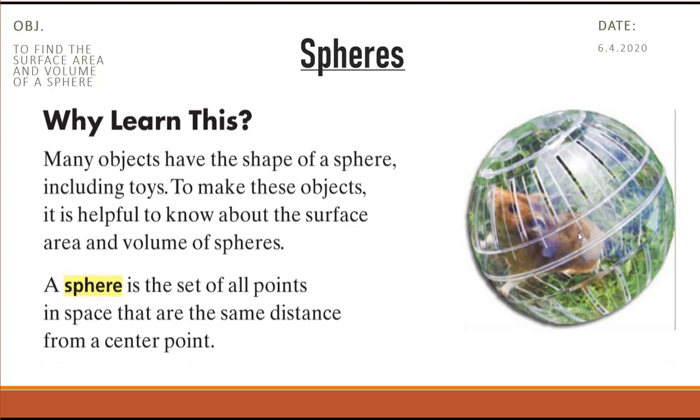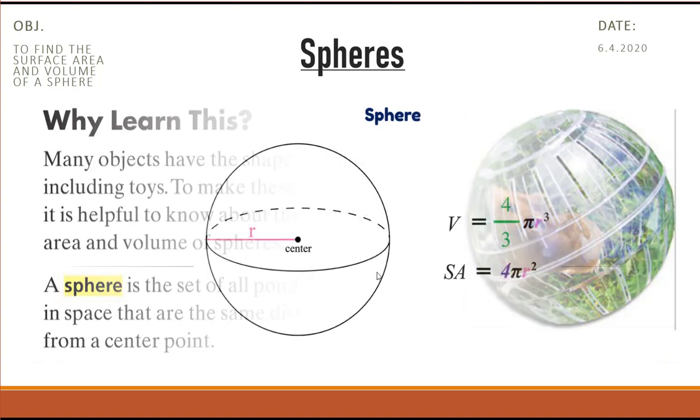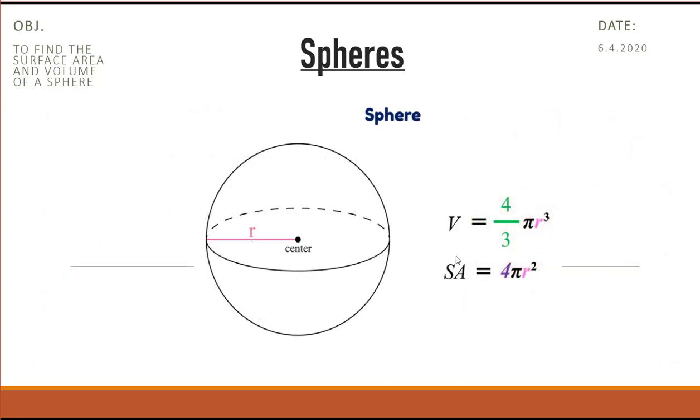There is nothing, just a ball. Today we'll speak about the volume and the surface area. Okay, let's get to the point directly. The volume is 4/3 pi r cubed and the surface area is 4 pi r squared.